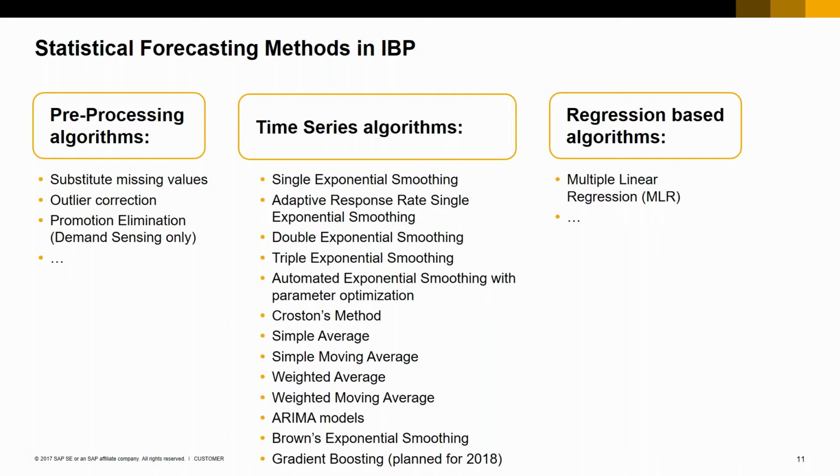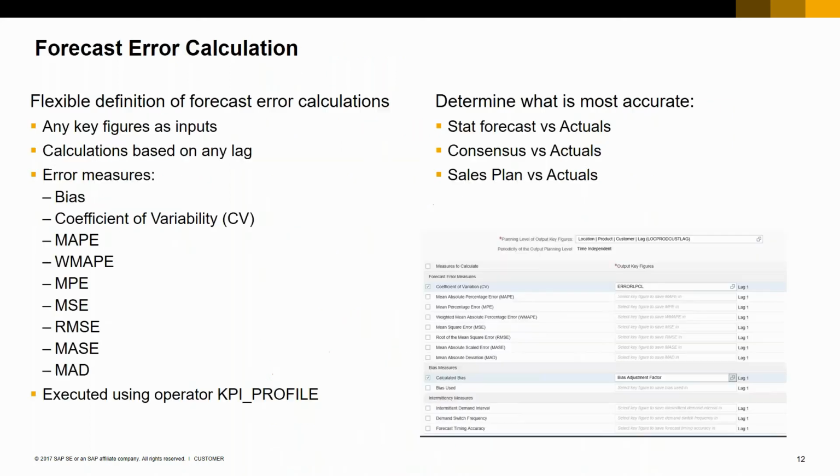So we're going to have to redo this slide, I think, in the next few months. We also have multiple linear regression for additional, multiple independent variable forecasting if it applies, right? And I think we're going to talk a little bit more about ARIMA and also about the demand sensing algorithms that we have coming.